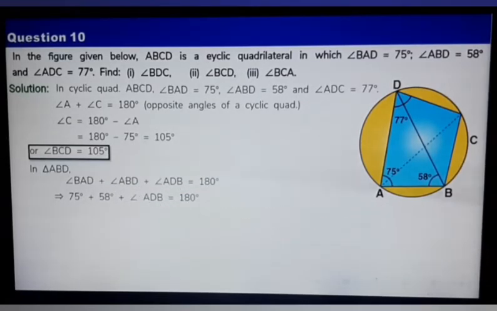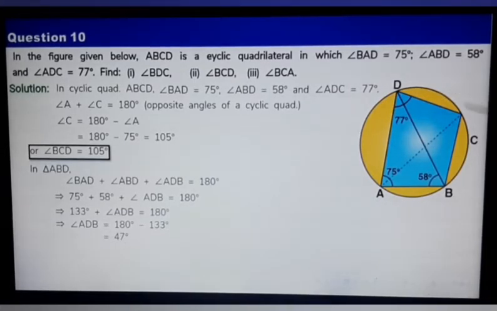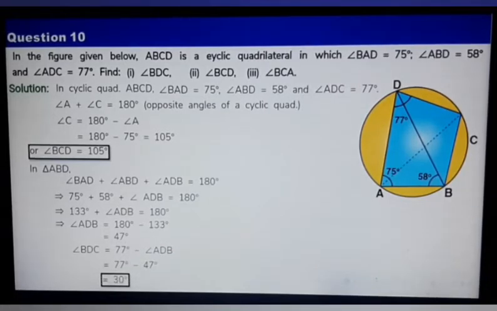So after calculating this, you will get ADB equal to 47 degree. All right, now we found it, this angle is 47 and from here to here is 77. So angle BDC will be this 77 minus this 47. So this will turn out to be 30 degree. All right, so we have found our second answer as well.